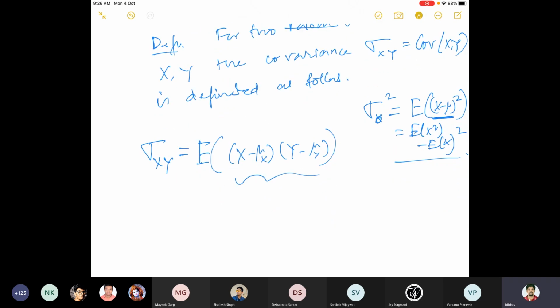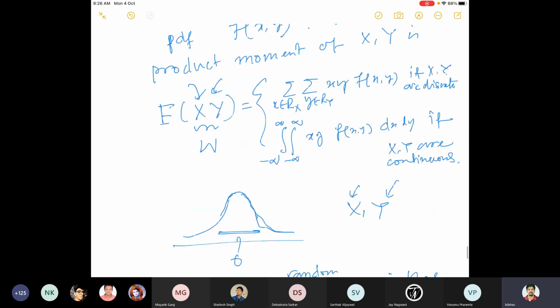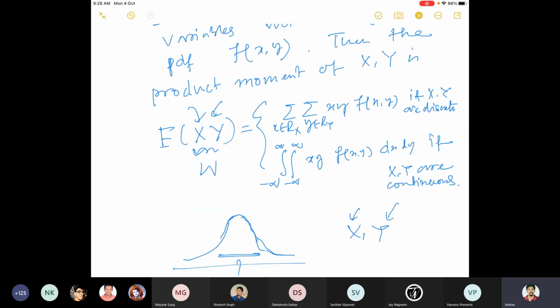So what is the value of the expected value of this product? That's why I first defined the meaning of the expected value of a product of random variables.